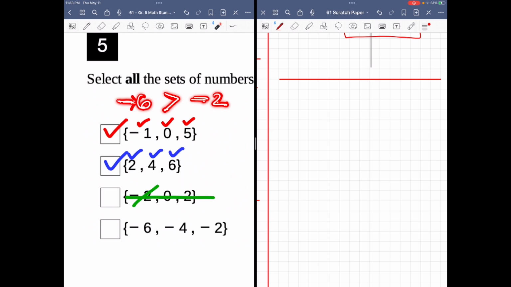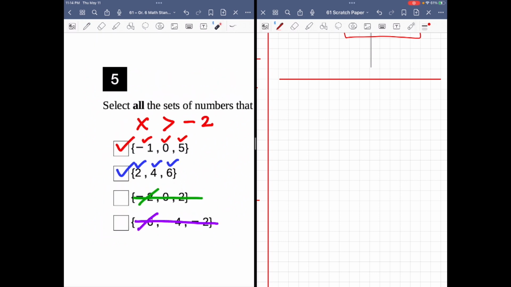So -2 is bigger than -6. So this means -6 is actually less than -2, not greater than. So this choice is wrong. And as soon as one of them is wrong, you can cross off the whole line. So the correct choices for number 5 are line 1 and line 2 only.